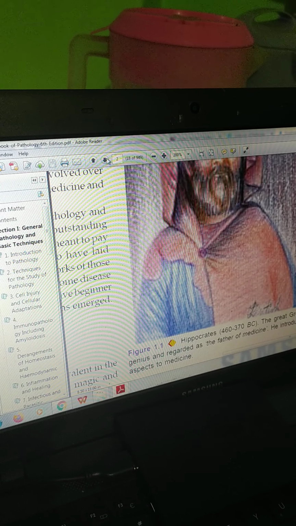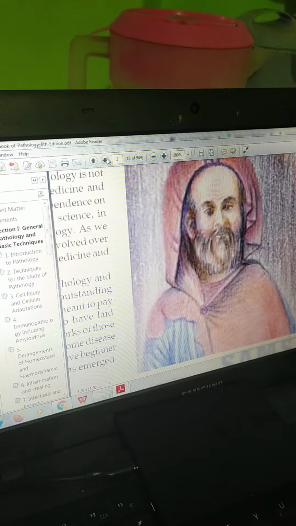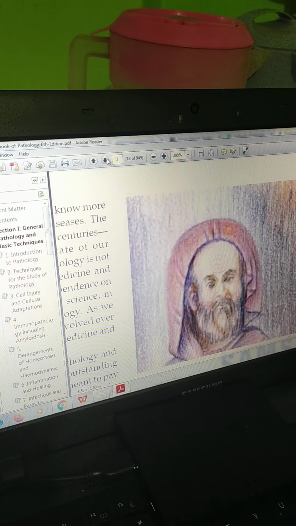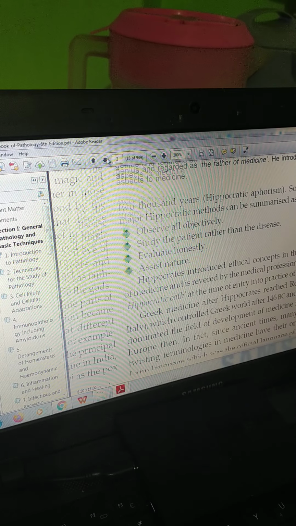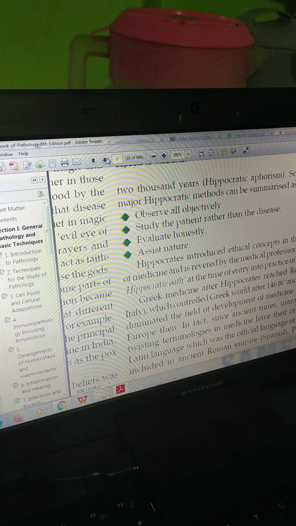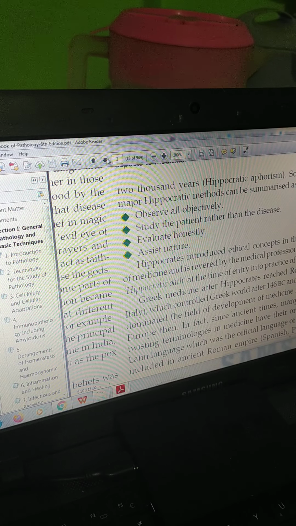2000 years. Hippocrates, 460 to 370 BC, great Greek clinician genius, regarded as the father of medicine. He introduced ethical aspects to medicine. Hippocratic aphorism.